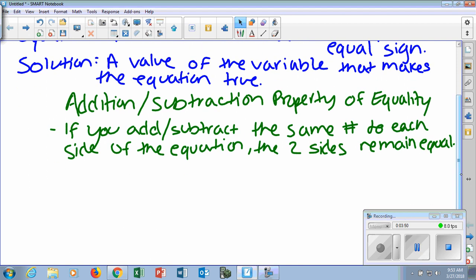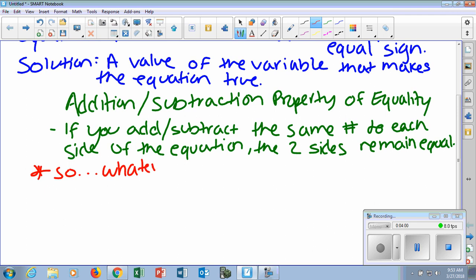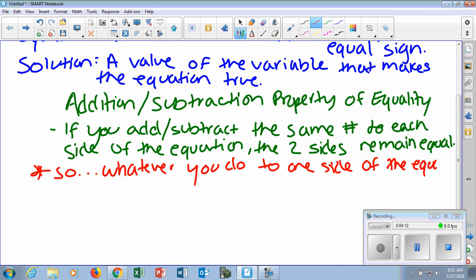Basically summarizing that, we could say, whatever you do to one side of the equal sign, you must do to the other side.